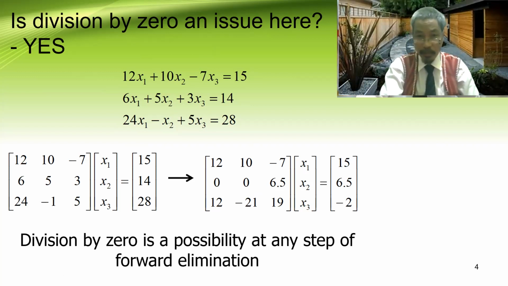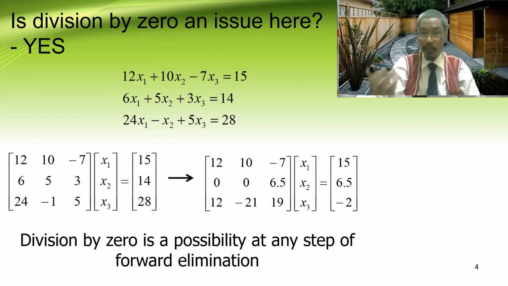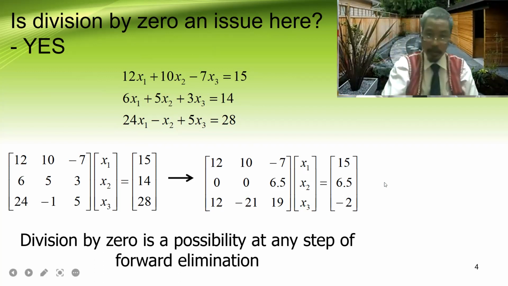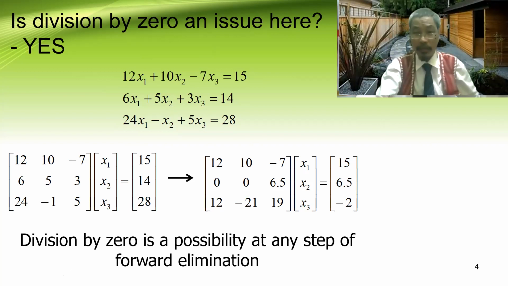How can it become 12 when it is already 0, 0? So in order to make the 0, we have to use the first equation. But here, that is not possible when it is already 0 on the second equation.